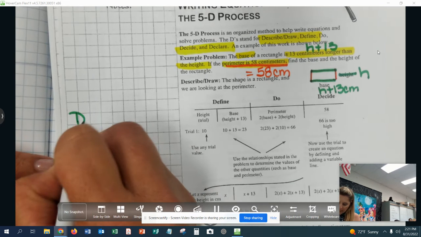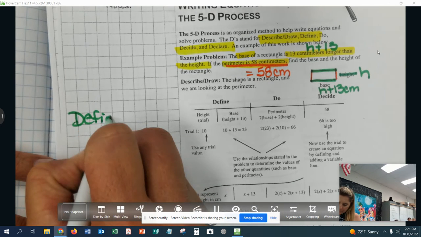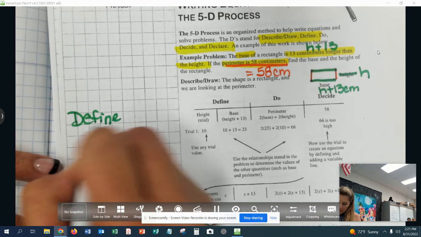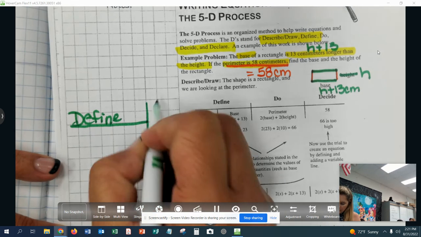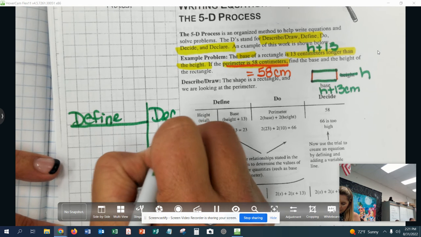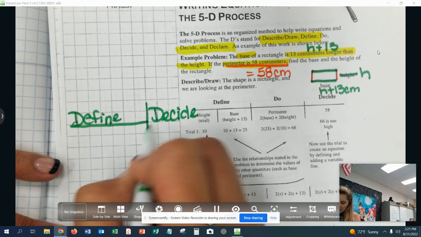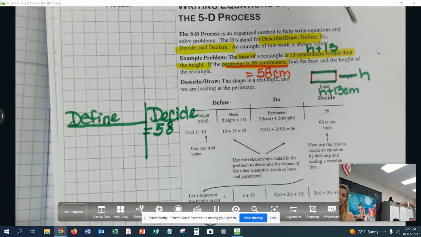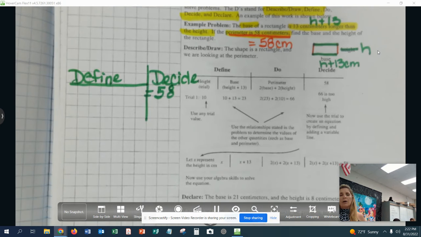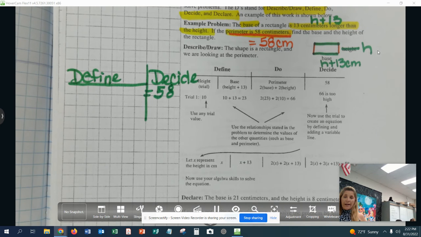We're going to do define. And then we're going to do decide. This really is the equal sign, and we're going to write 58 out here. So our define is really where we're going to write out everything we know about this.